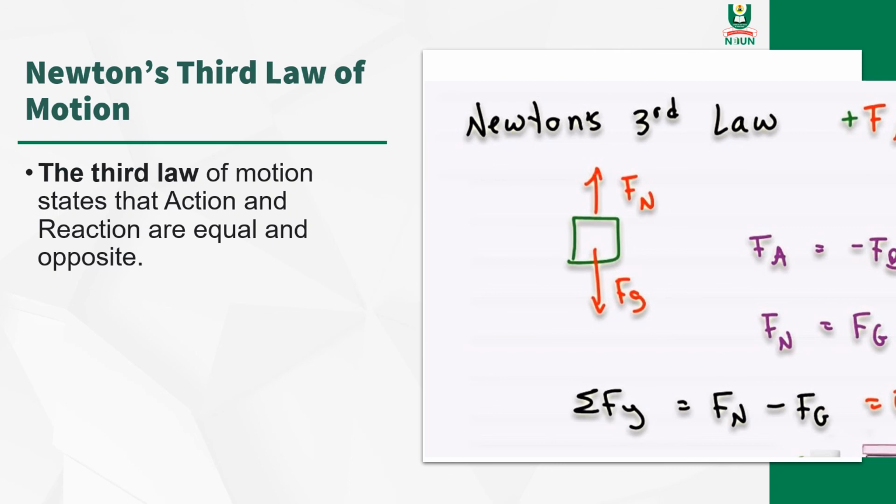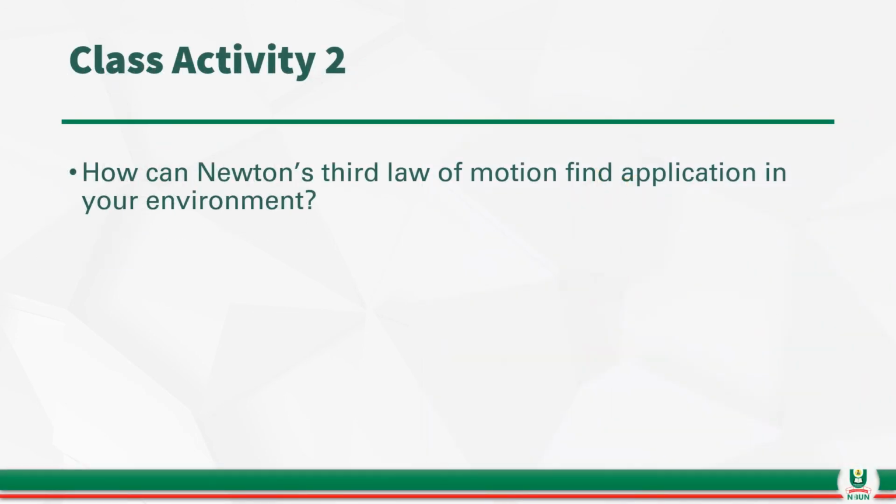That means if you are able to sit on a chair comfortably, the action you are putting on that chair and the reaction the chair is giving to you in the opposite direction are equal. And because of that, you are able to sit comfortably. That chair did not throw you up, neither were you able to crash the chair. So with this, we come to the end of the third law of motion.